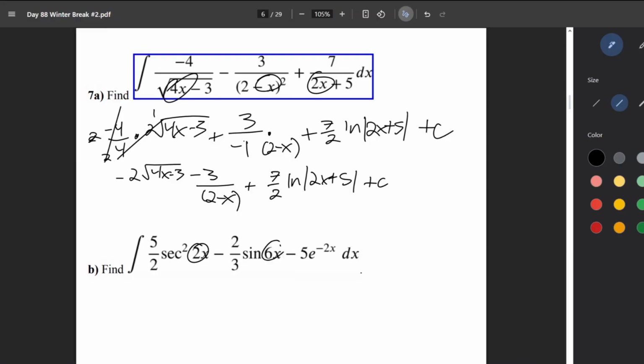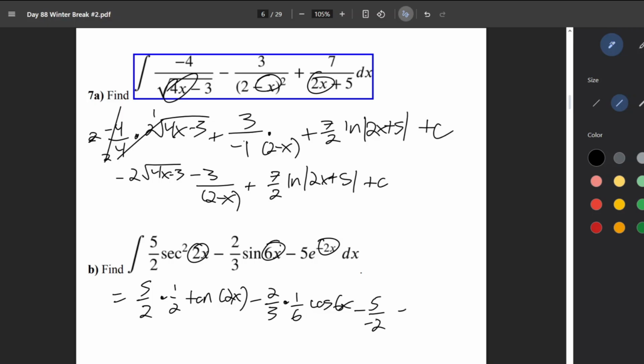Again, circle your answers. So this would be 5/2 times 1/2 tan 2x minus 2/3 times 1/6 cosine 6x minus 5/-2 e to -2x plus c.